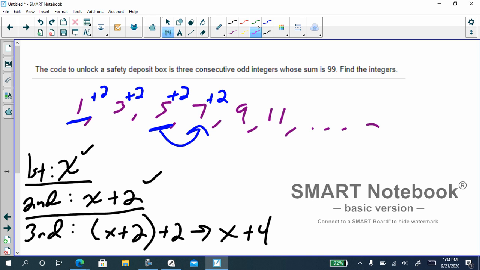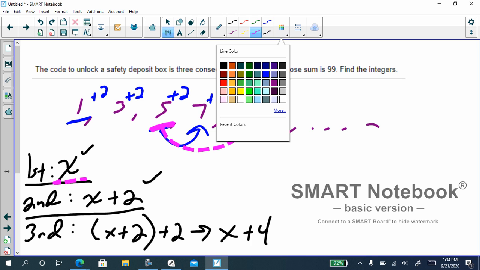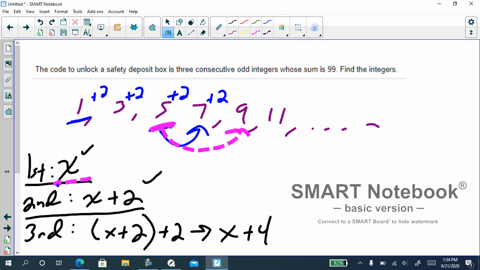You notice if we add 2 to this number, we get 7, but if we add 4 to it, we get 9. We get the third number. So if this is the first odd number, the next odd number is 2 more. The next odd number is 2 more than that, or 4 more than the first one.